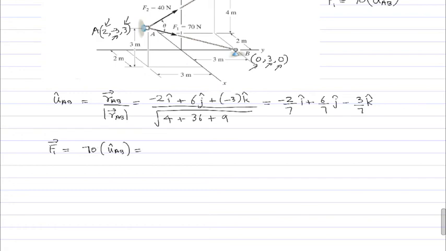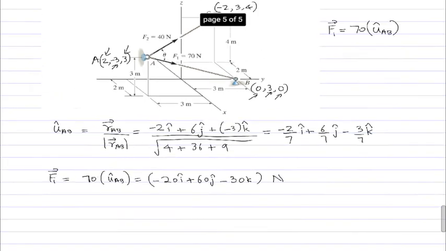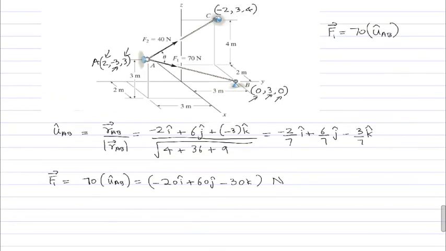When you do that, you get negative 20i plus 60j minus 30k newtons. So what you have now is the force F1 in Cartesian vector format.